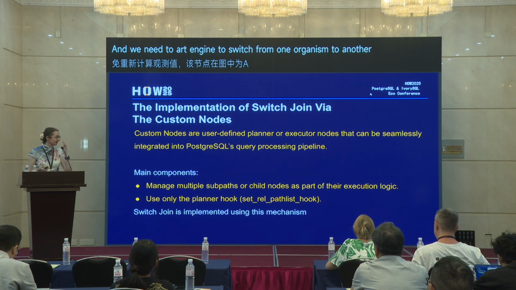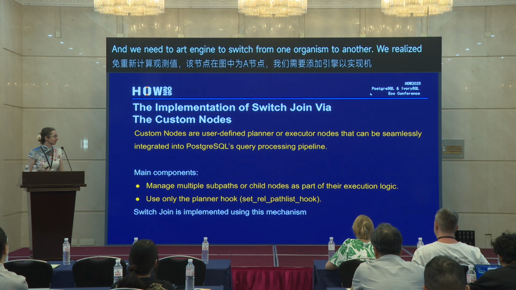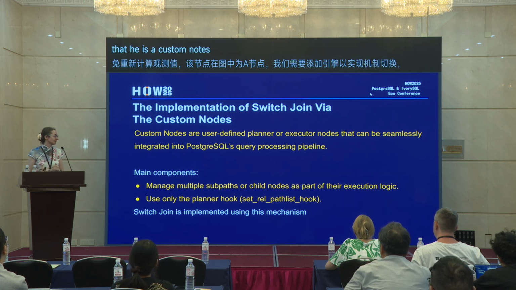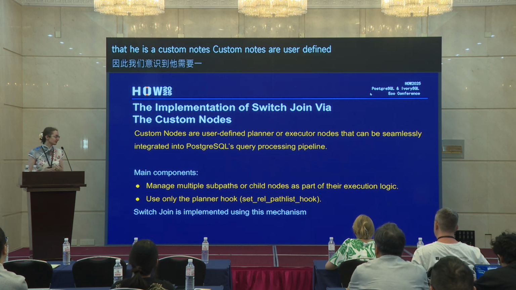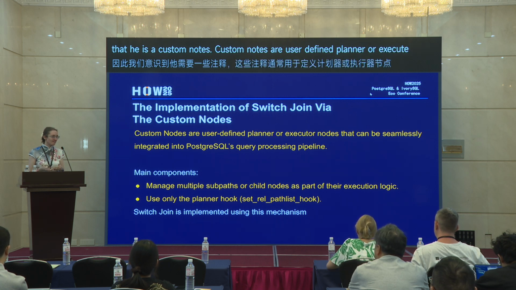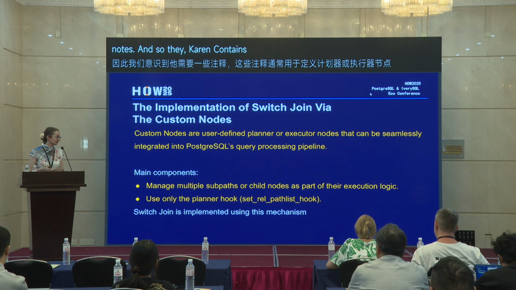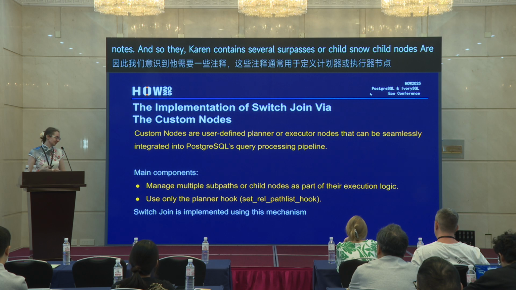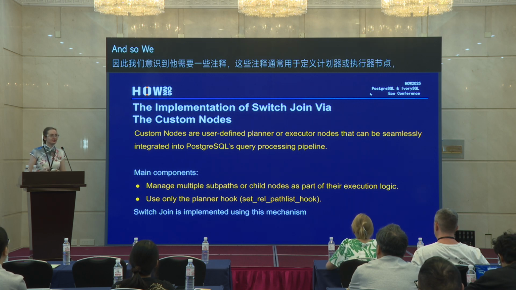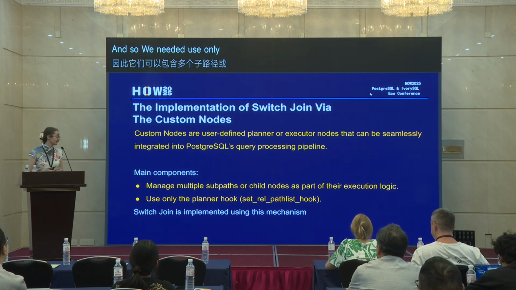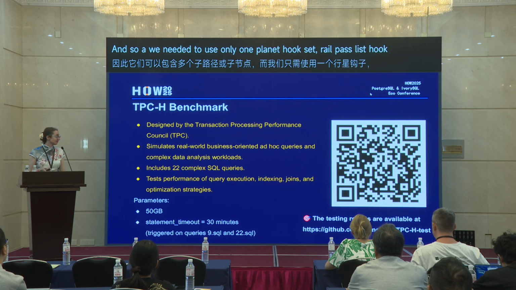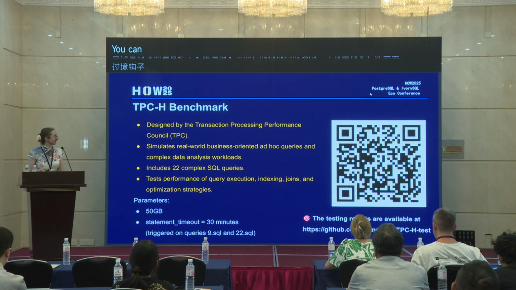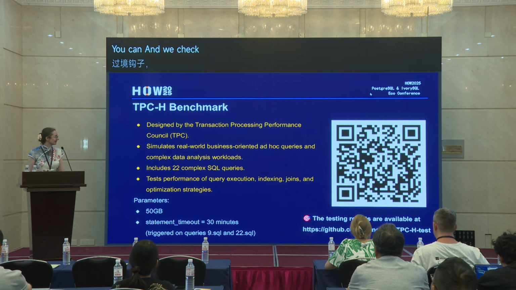So we realized that with custom nodes. Custom nodes are user-defined planner or executor nodes, and they can contain several subpaths or child nodes, and we needed to use only one planner hook, set_rel_pathlist_hook. And we checked it on the TPC-H benchmark.